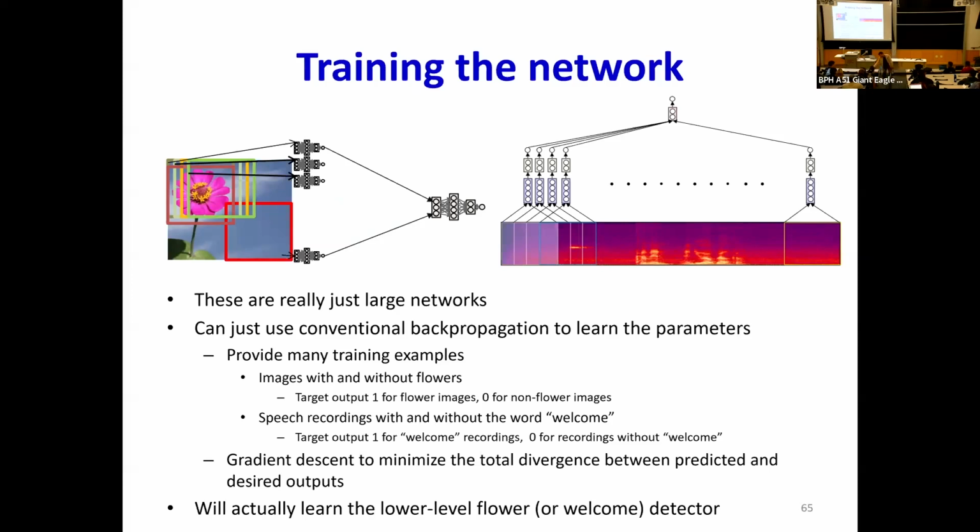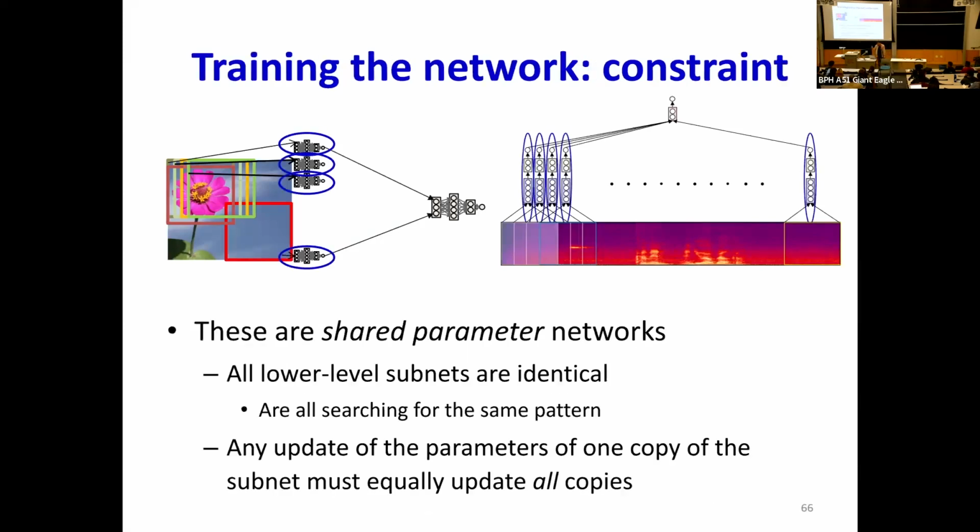But then in order to train the network, you're going to have to make some changes to your training paradigm. You have to account for the fact that all of these subnets are identical. When you have identical subnets, what this really means is that you have different components of the network which have identical parameters. And so you end up with the notion of a shared parameter network.